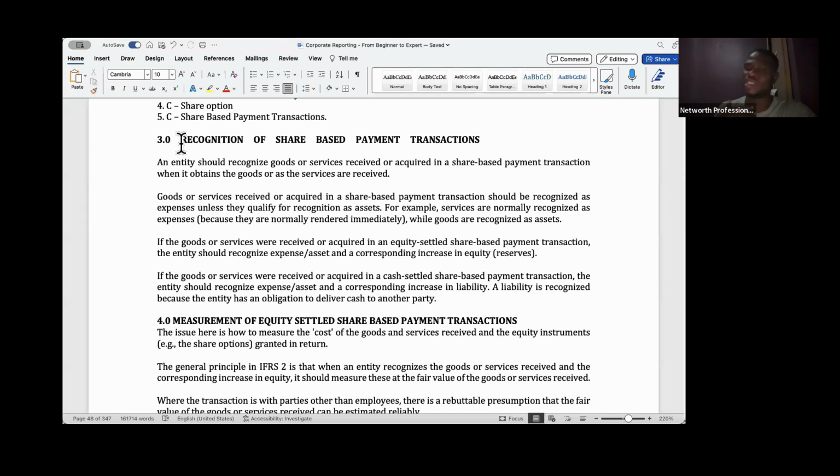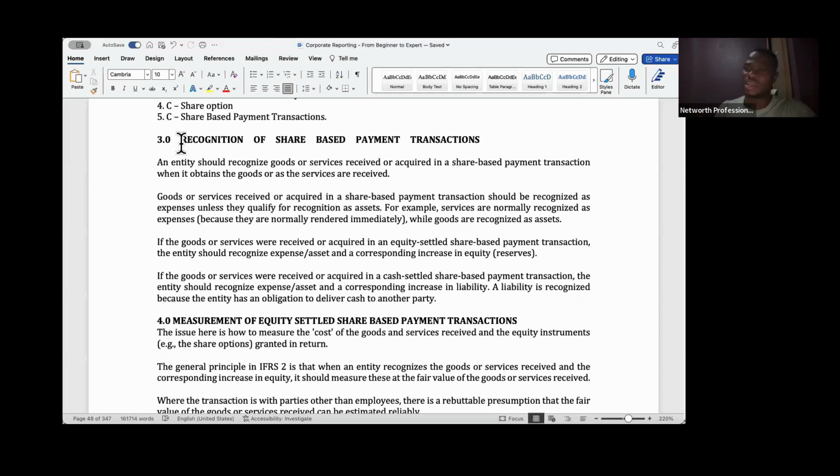If they are receiving services, you ultimately are going to record expense. If they are receiving goods, that also will be purchases, which is expense. But if what they have received is an asset, if they have bought PPE, for example, then in that case, we will be debiting asset.